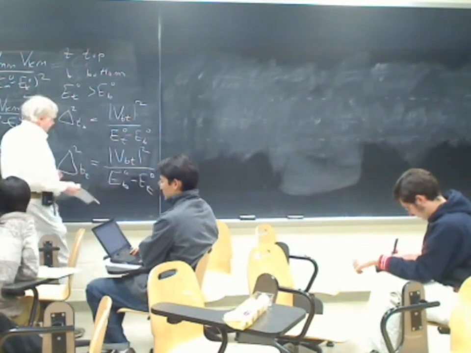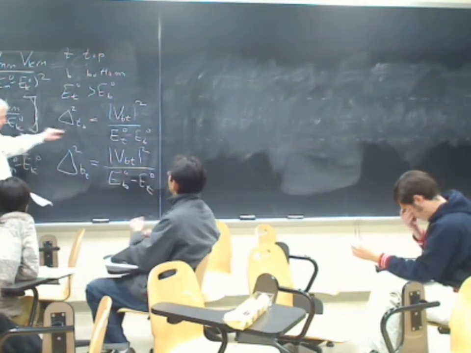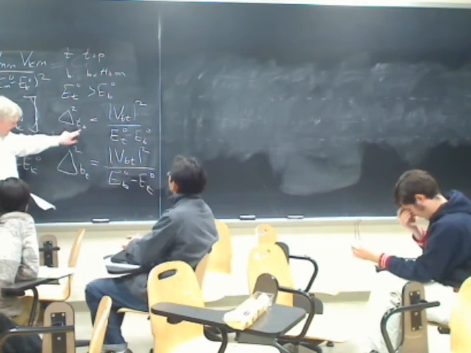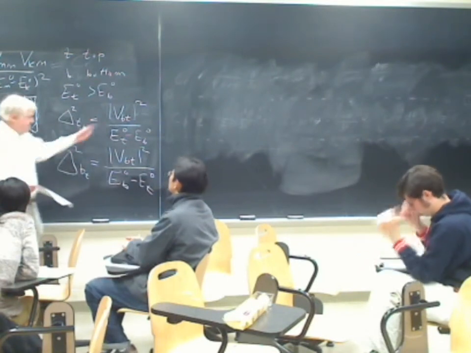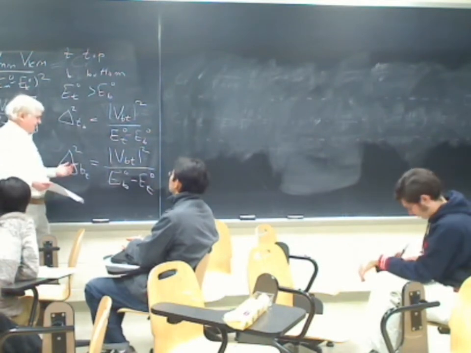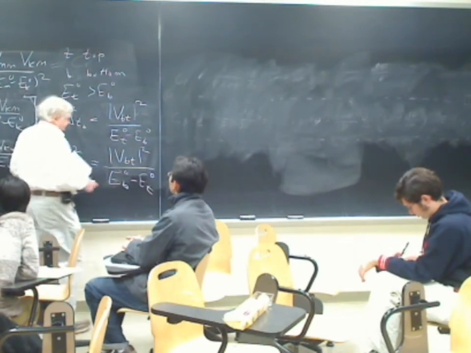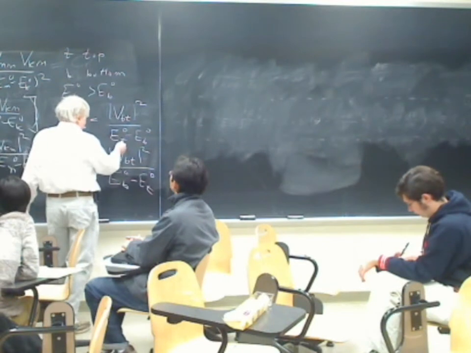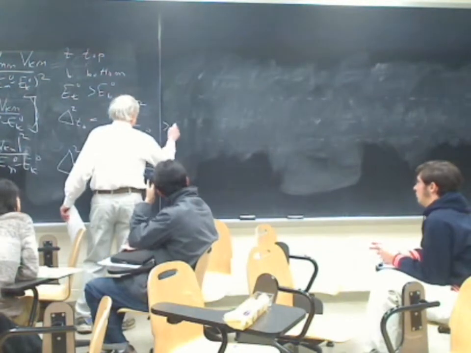So the point is that the second order shift for the top level due to the bottom level and the bottom level due to the top level, in magnitude they're the same, because these absolute values are the same, and the denominators also in magnitude are the same. But this one is positive and this one is negative, because this is less than 0 and this is greater than 0.